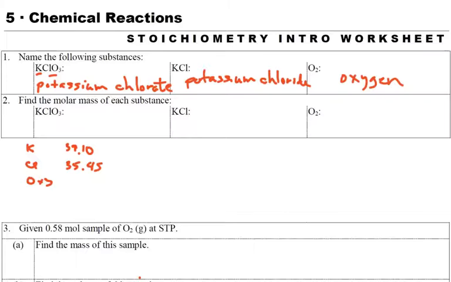And my oxygen is 16, and I have 3 of them, so 3 times 16.00. So this bottom number is going to be 48.